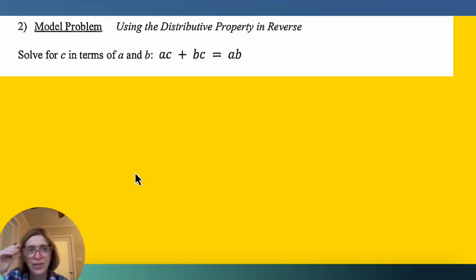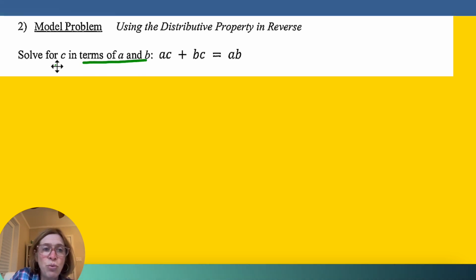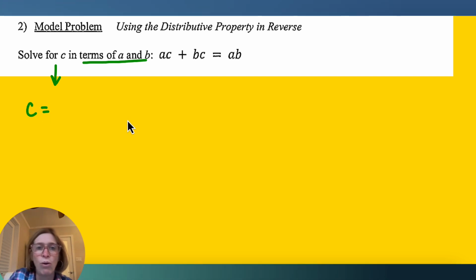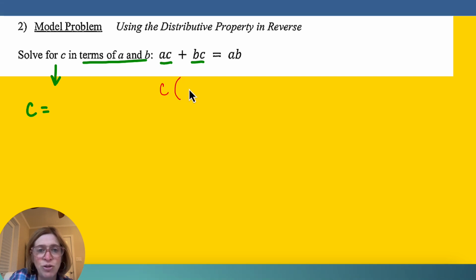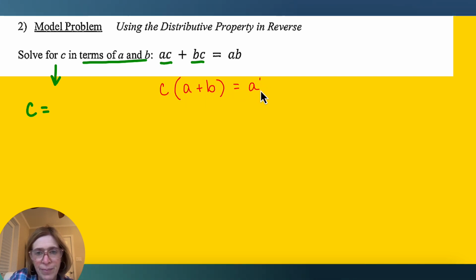So I'm going to model it. This question says, solve for C in terms of A and B. That means you want to just get it to C equals. C equals is my goal. So I have to notice on the left that they both have a factor of C. I'm going to pull that out to the front, and I'm going to be left with A plus B equals AB.